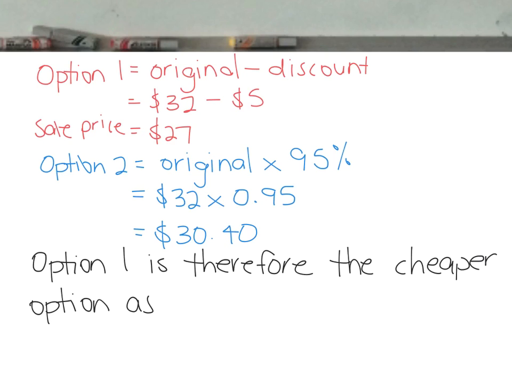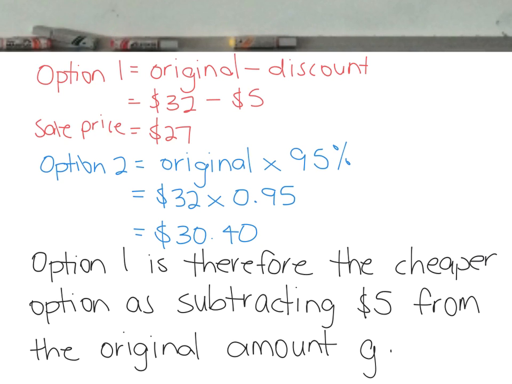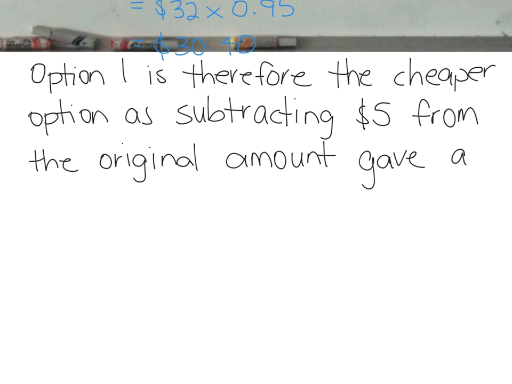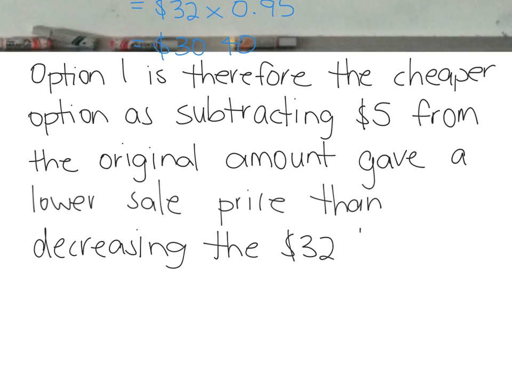as subtracting $5 from the original amount gave a lower sale price than decreasing the $32 by 5%, making sure we finish with a full stop.